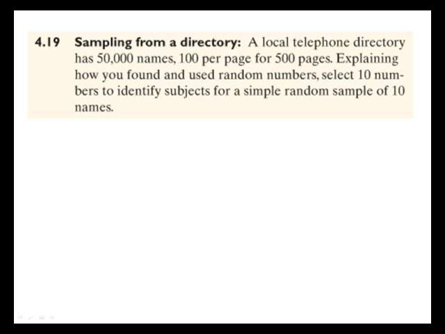With this, I would actually select 10 random numbers for the pages and then 10 random numbers for the person on the page. So I would select 10 random numbers between 1 and 500 to determine the page, and then to determine the person on the page, I would select 10 more random numbers between 1 and 100.